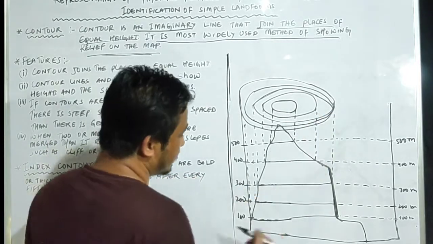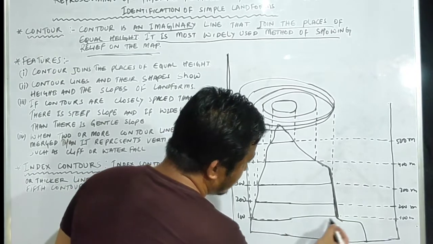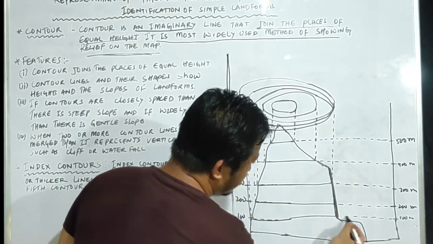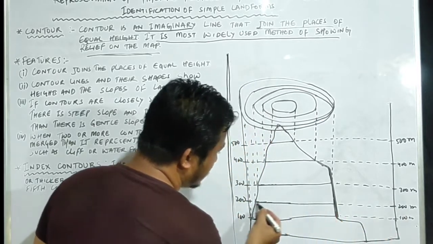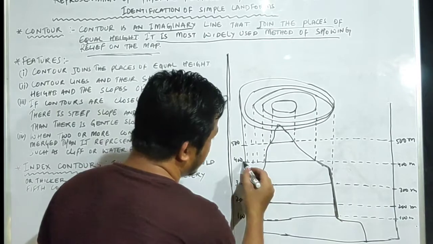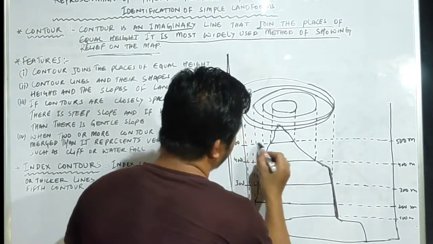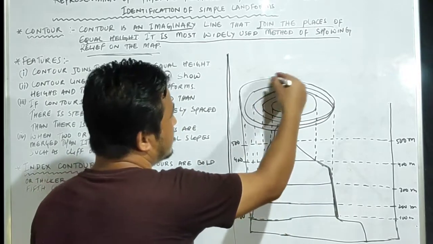These regions are 100 meters above sea level, this region is 200 meters, 300 meters, 400 meters, 500 meters above sea level. Now we are showing these regions with the help of contour lines.